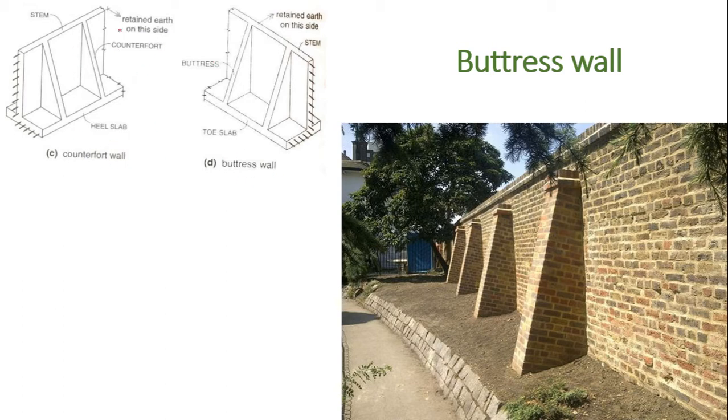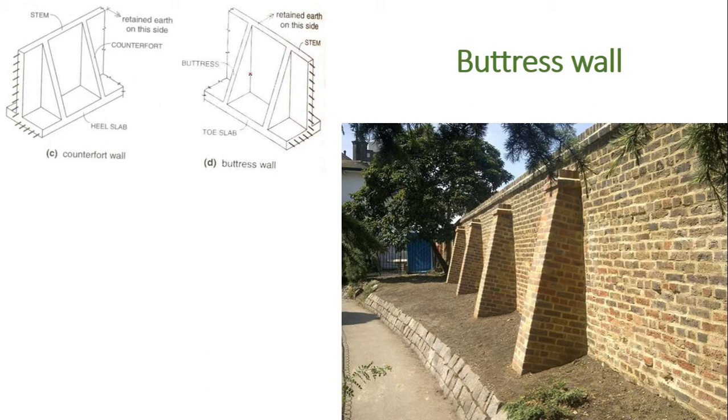So where we have provided the counterfort, we have provided it on the backfill side, okay, and we provide the buttresses on the opposite side, meaning we are not going to provide it opposite to the backfill.